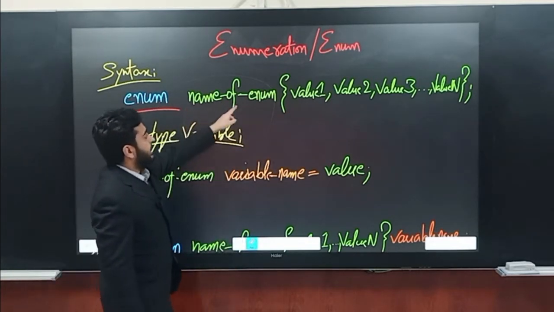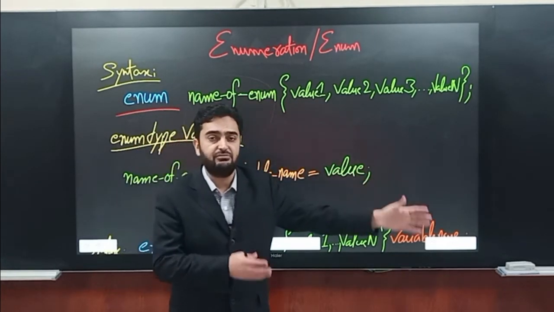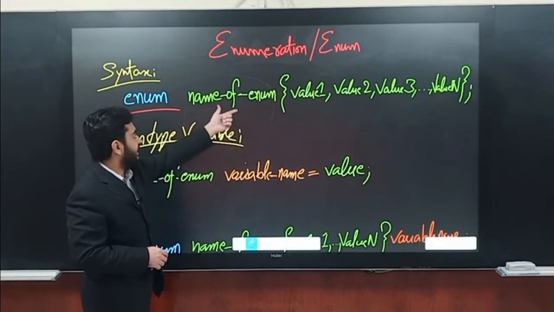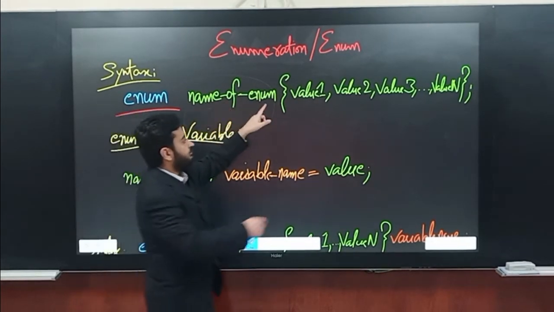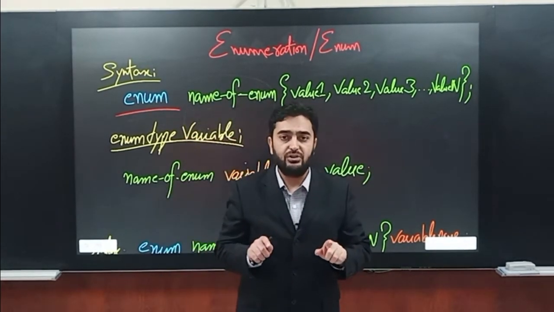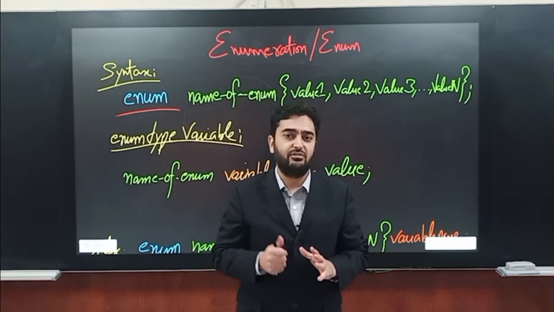Then we write the name of the enum. Just like a normal variable, we have an identifier. So in the enum we must have an identifier, the name of the enum, and then we provide the curly braces. Inside these curly braces, we provide the possible values for this enum, for this data type.